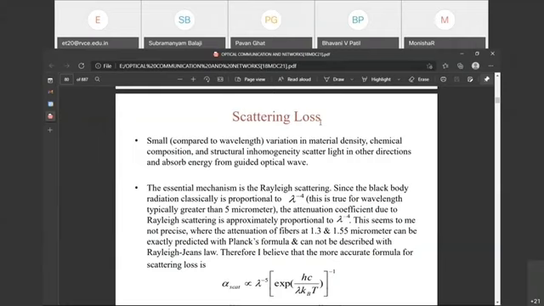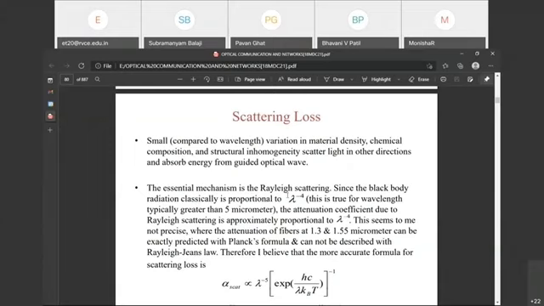What is the difference between normal scattering and Rayleigh scattering? That is one of the questions raised, and that's a very obvious question. Normal scattering is whenever the size is comparable to your wavelength, you will call it scattering. For Rayleigh scattering, it is found that it varies as lambda to the power minus 4.